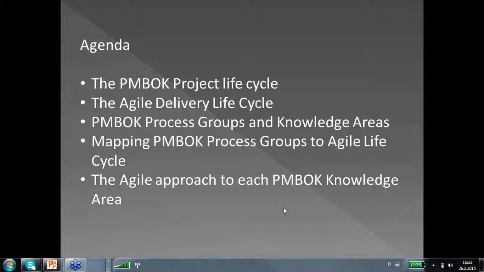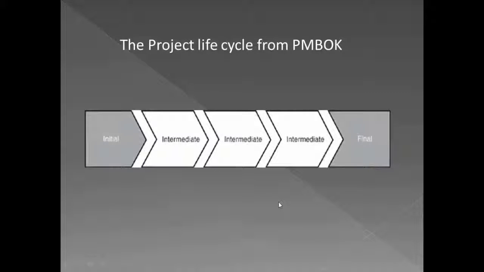So moving on, if we take a look at the project lifecycle from PMBOK, the project lifecycle is generally a collection of different project phases, and these phases are determined by the needs of each project or each organization.